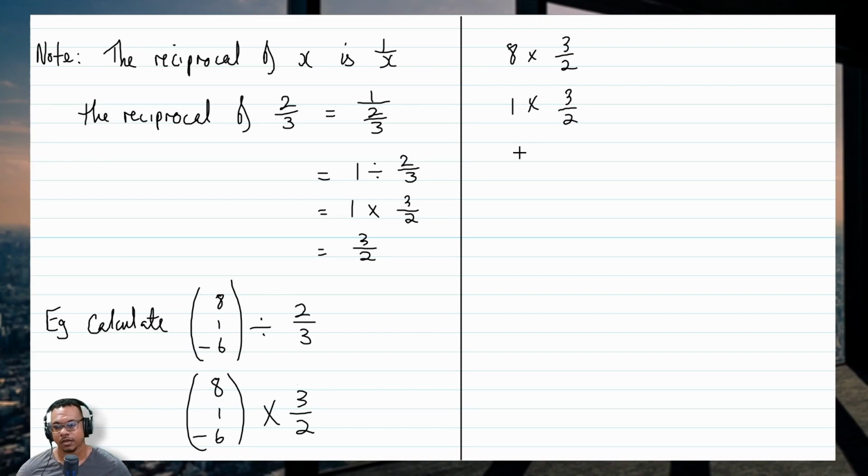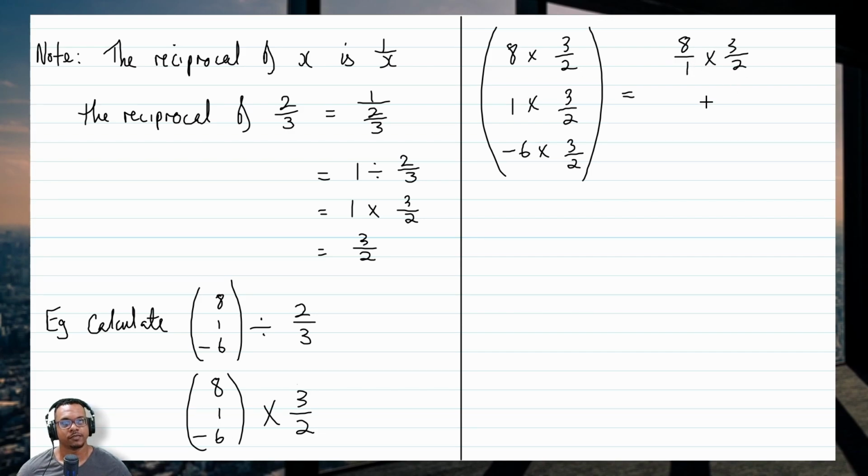Then 1 by 3/2, and then -6 by 3/2. Which would be equal to 8 over 1 times 3/2. 1 times anything is the same thing, so that's going to be 3/2. Nothing to work out there. And then you're going to get -6 over 1 times 3/2.